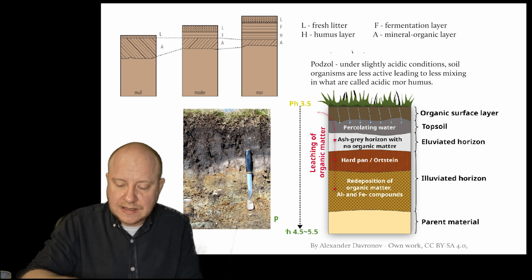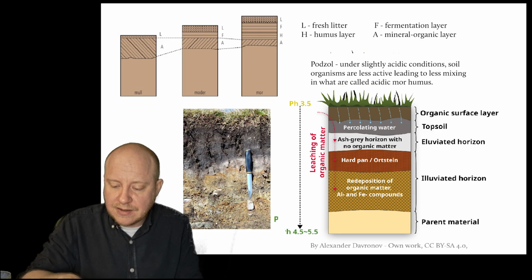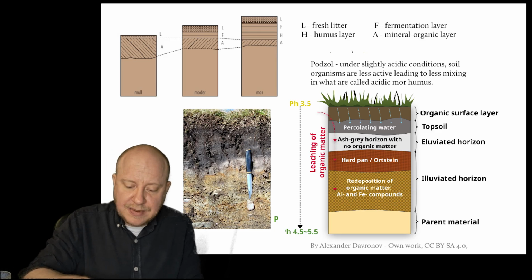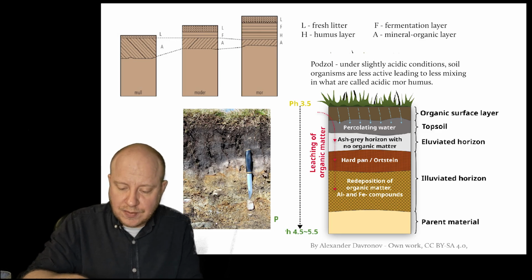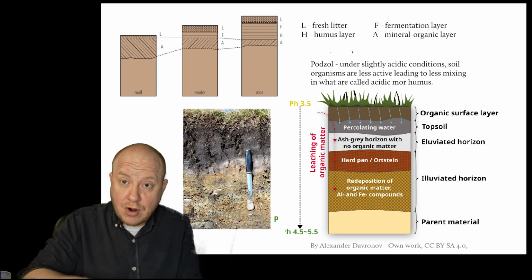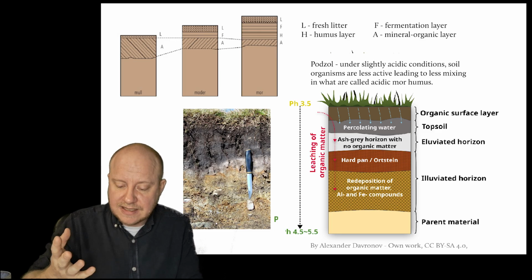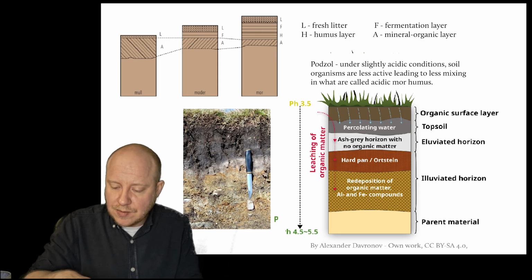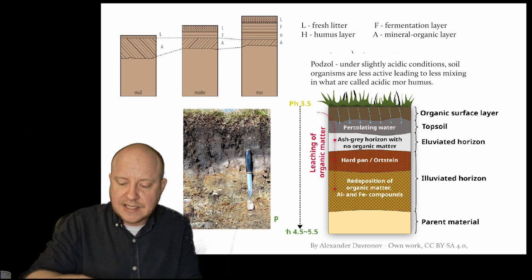Below is the humus layer, where all the plant material has degraded. As the plant material is converted to humus, any inorganic or mineral materials, such as carbon and nitrogen, are released. Beneath the humus, the mineral organic layer, the A horizon, is found.